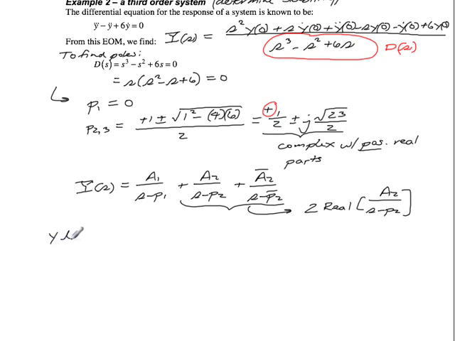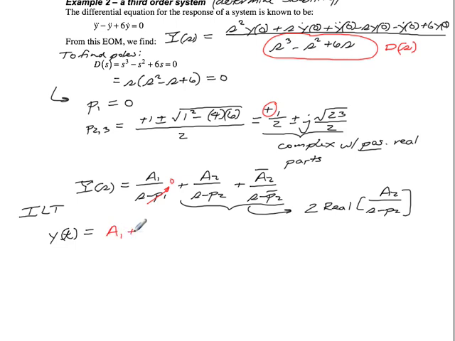Whenever we do our inverse Laplace transform, we get an a1. Keep in mind here that p1 just ended up being 0. It had a 0 root, so we just got an a1 here.